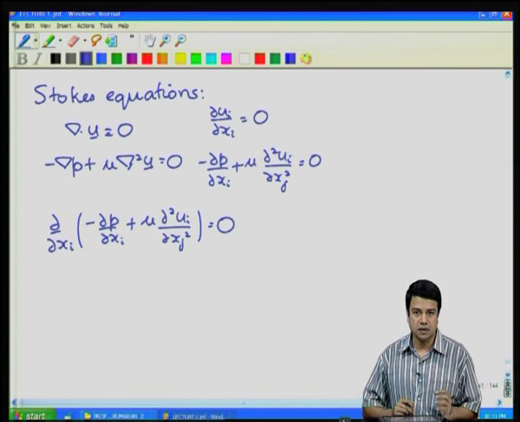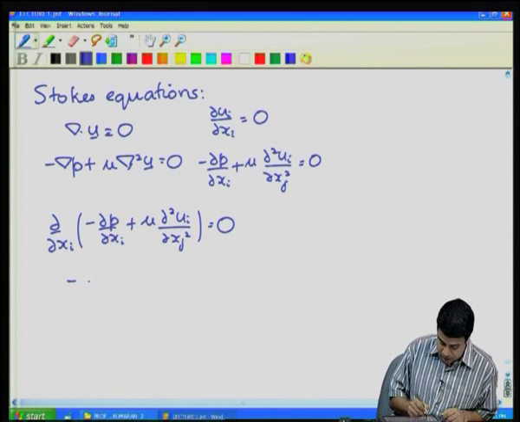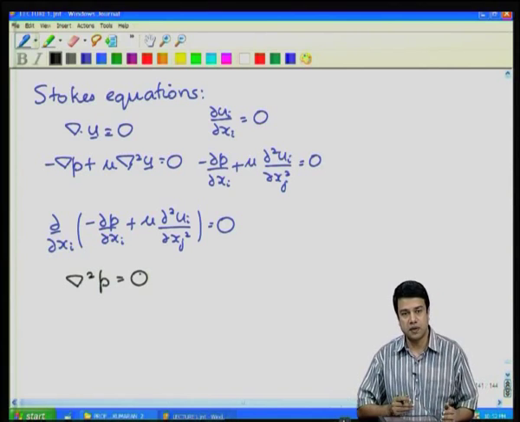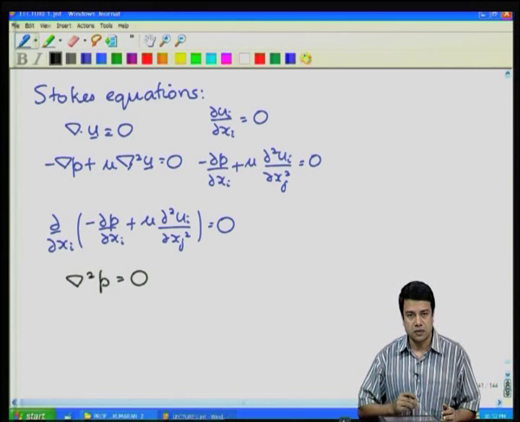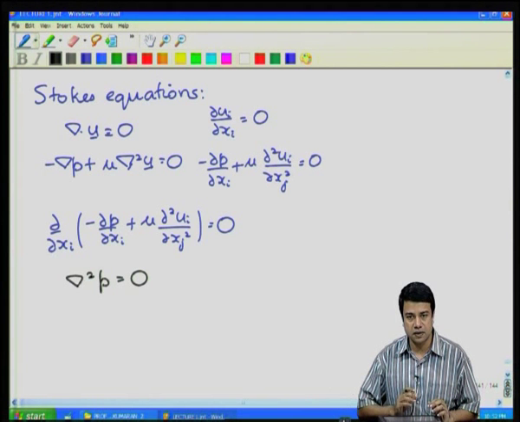Since one can interchange the order of differentiation, it is also equal to the Laplacian of the divergence of the velocity. The divergence of velocity is 0. So, this reduces to del square of the pressure is equal to 0, okay, because partial by partial xi of partial by partial xi of the pressure is equal to 0. So, the mass conservation condition requires that the Laplacian of the pressure has to be equal to 0.